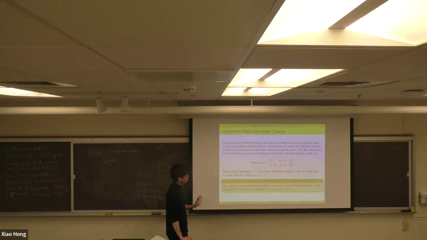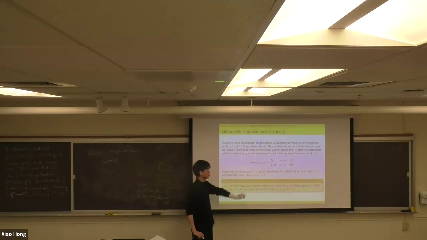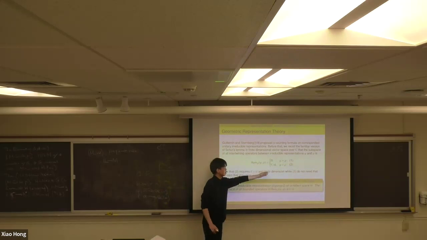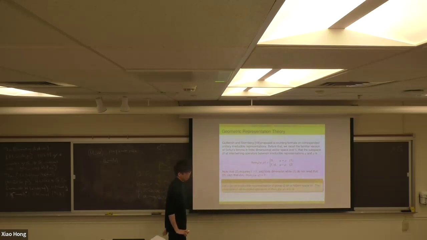And if these two representations are the same, then this subspace is one-dimensional. And the interesting thing is that the requirements of a finite-dimensional vector space over the complex numbers are only used for the second one. The first one does not use that.